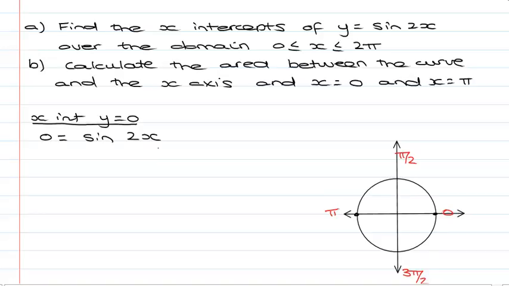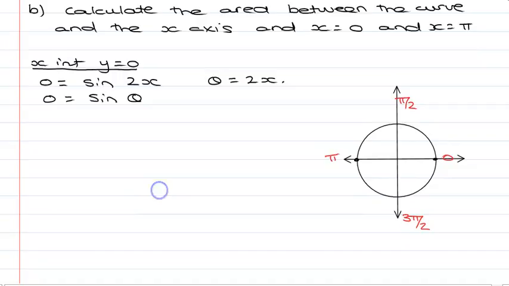You need to say to yourself, that's a boundary angle. To make life easier, I'm going to substitute 2x for theta. This means I'm only solving sine theta equals 0. Remember, sine is to do with the y coordinate. So what we need to do is go around this unit circle and ask, at what angle is the y coordinate 0?